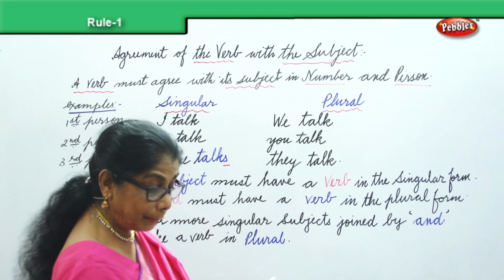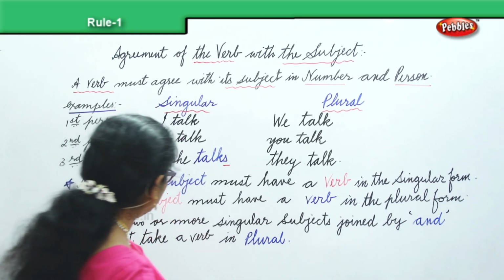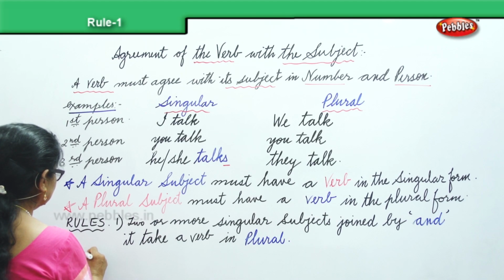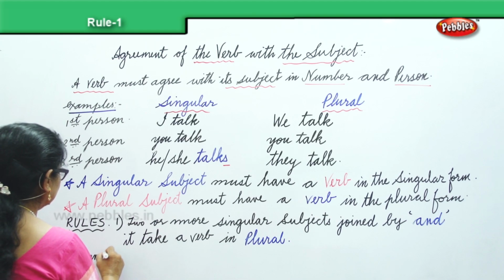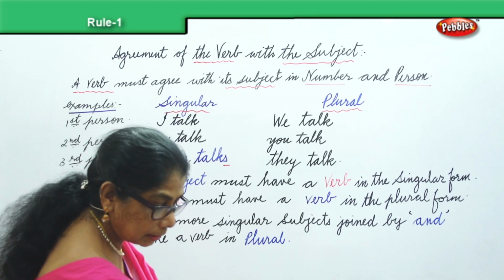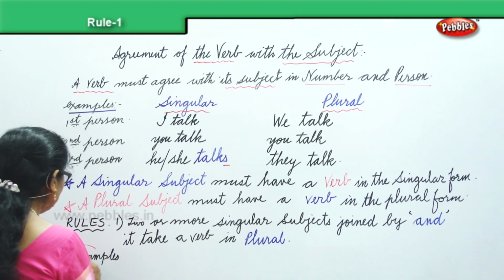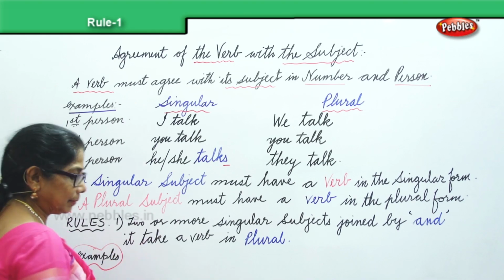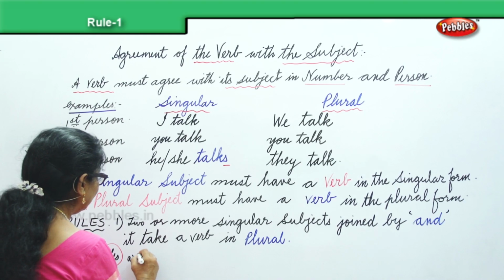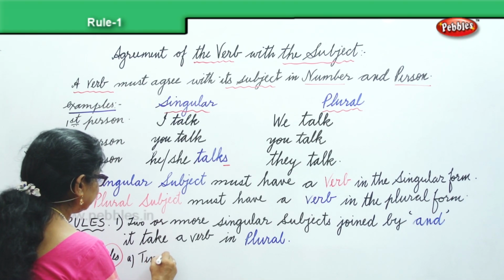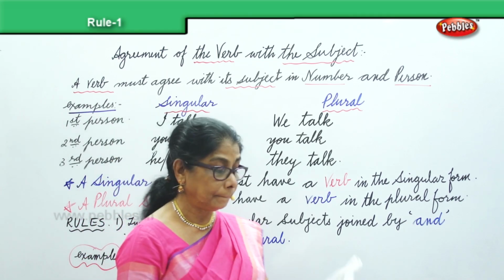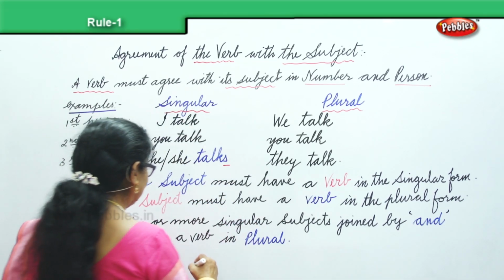So look at the example I have here for you. The example says, let's look at the examples. Two examples we have in this. The first one is Tina, a singular subject, and Meena.